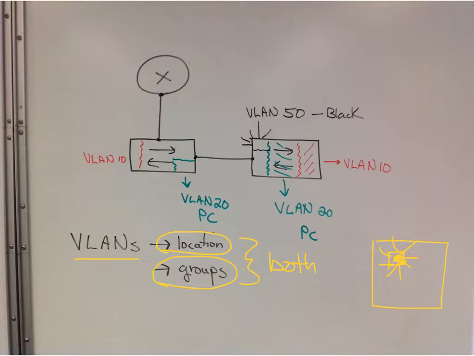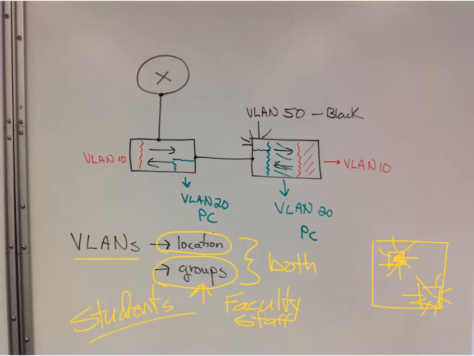There will be VLANs for that location, another wiring closet, then this one will be on a different VLAN. And then they also split them by groups. They would have, as an example, faculty, general staff, and students.